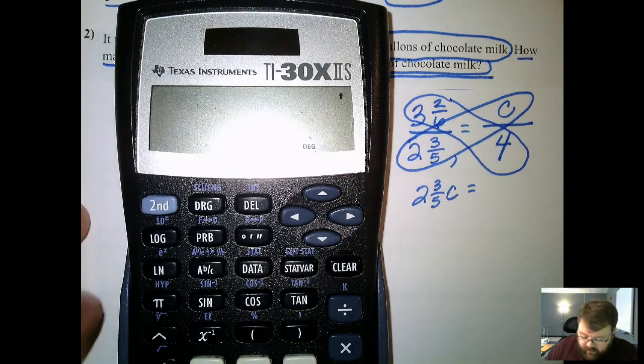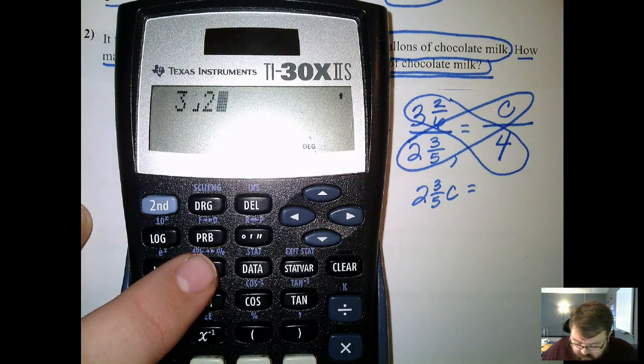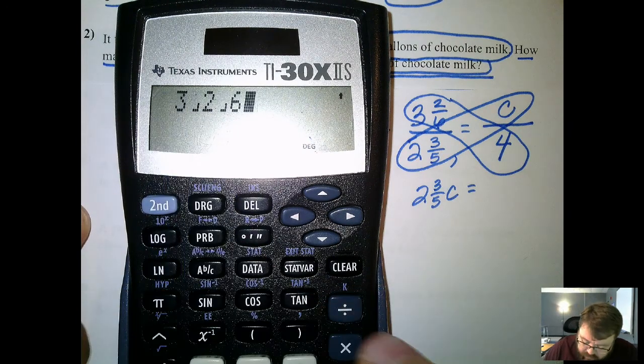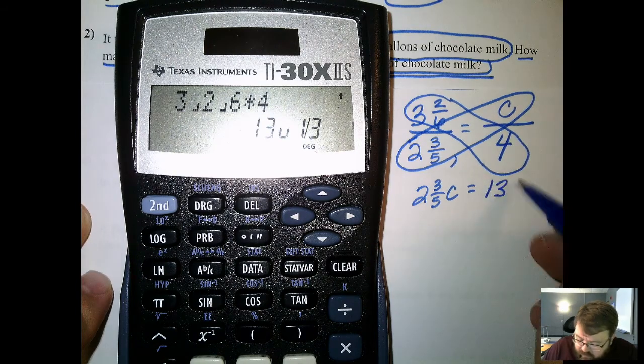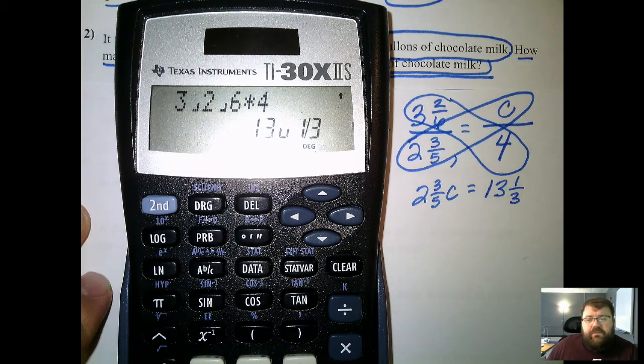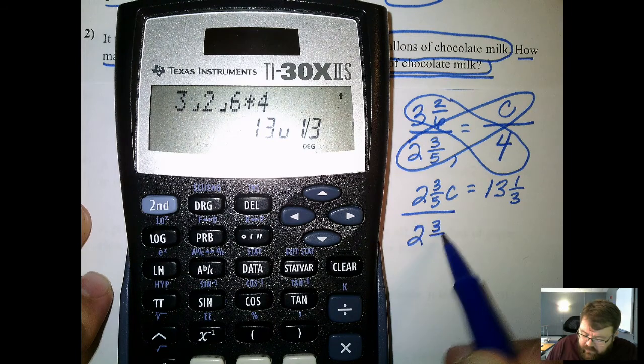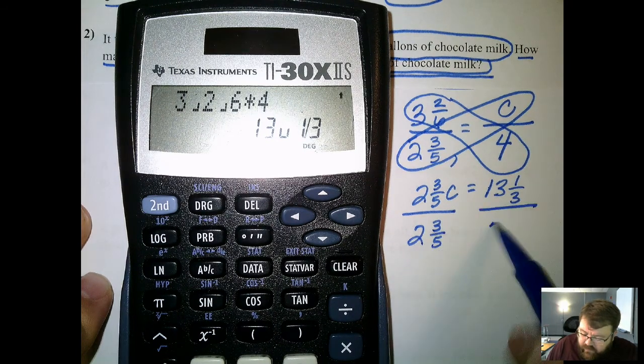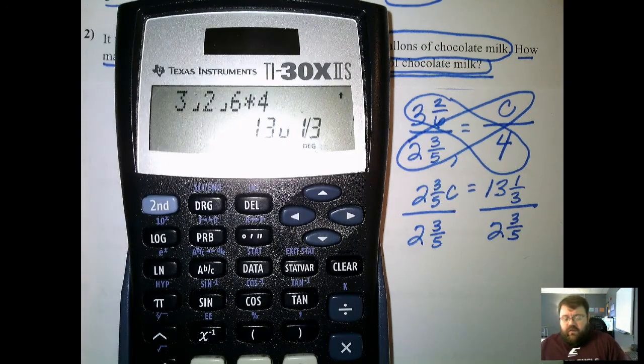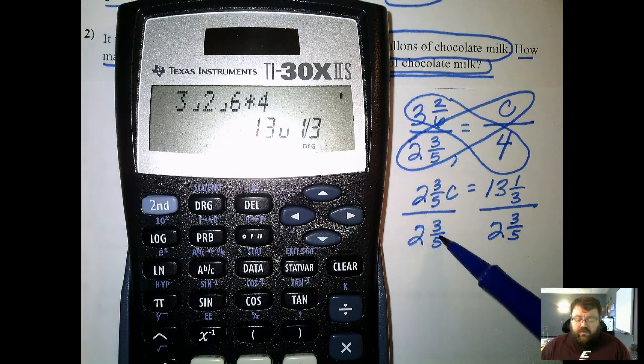So that's 3 2/6 times 4, and that gives me 13 1/3. From here, I need to divide both sides by 2 3/5. 2 3/5 divided by itself is equal to 1.